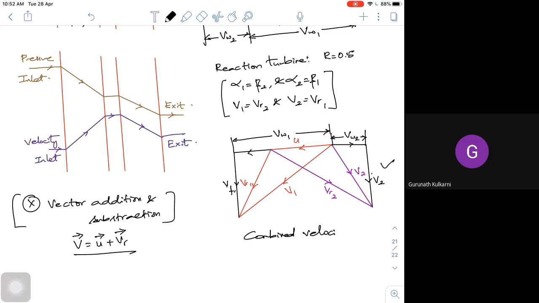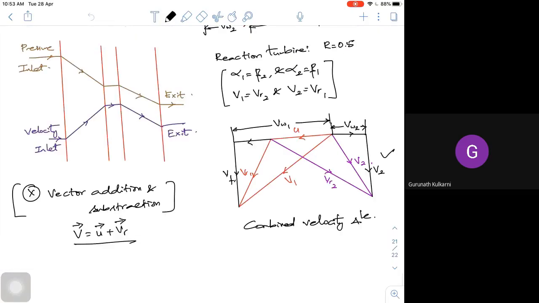And why do we have to go for combined velocity triangles? Most of the steam turbines we see, either impulse or reaction type, when you go for multi-staging, it is easy to draw a combined velocity triangle for each stage and show how the energy transfer takes place. With that in mind, this combined velocity triangle has been drawn.